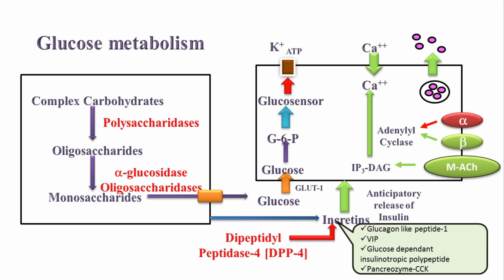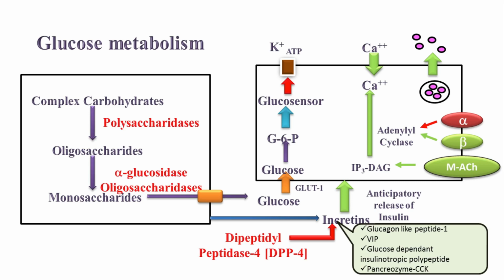But for us, GLP, glucagon-like peptide 1, is the most important incretin. These incretins go and warn the beta cells of the islets of Langerhans about the glucose that is about to come in, and the beta cells then release insulin. This is known as anticipatory release of insulin.